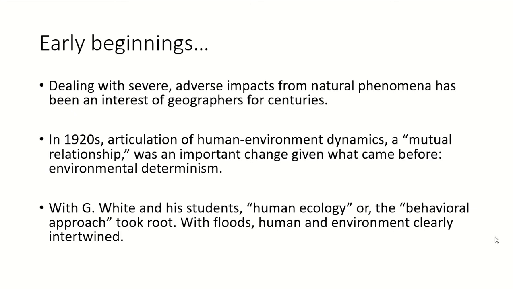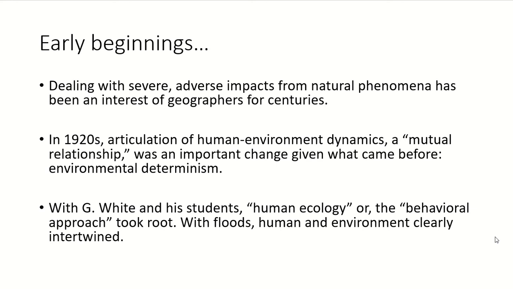So prior to Gilbert White writing what he did, the situation he faced when trying to ameliorate the bad effects of floods for farmers was an over-reliance on what have come to be known as technological fixes. What does that mean?